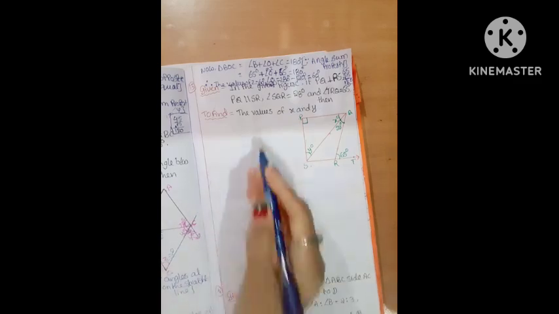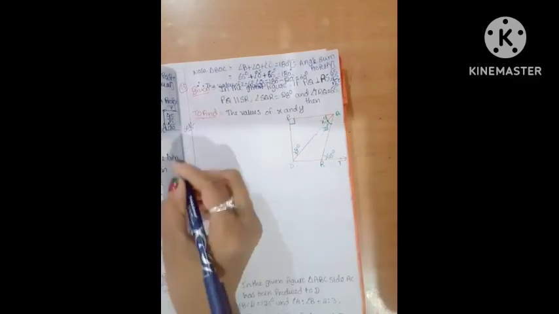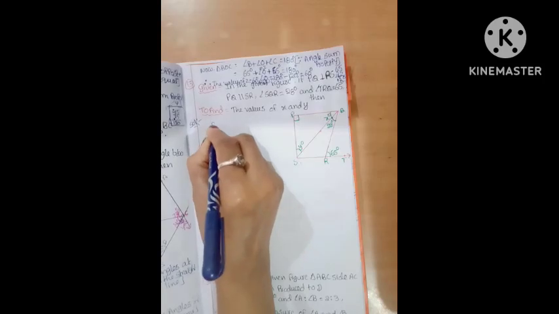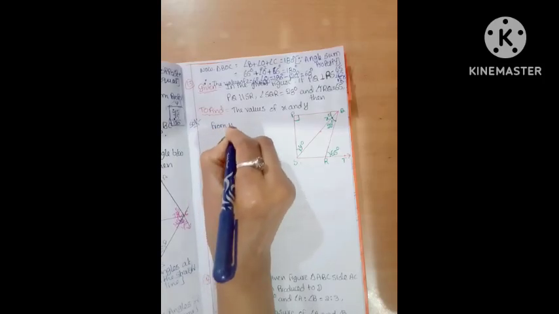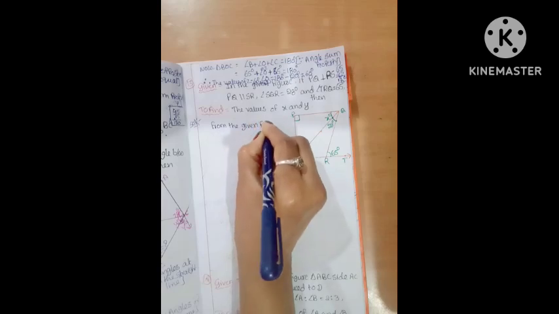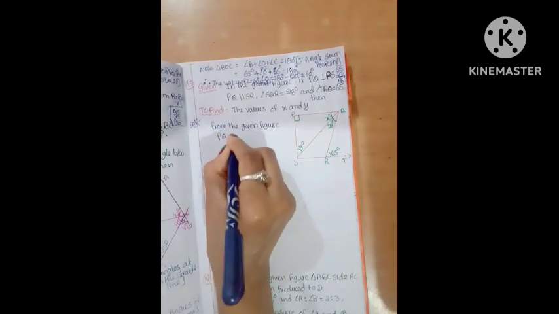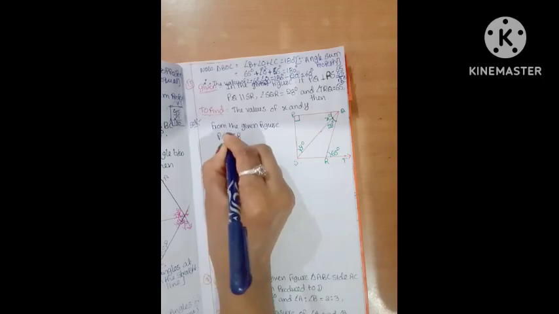How to find out these two values. Let us solve this problem. First, from the given figure, what is given? PQ is parallel to SR. Okay.